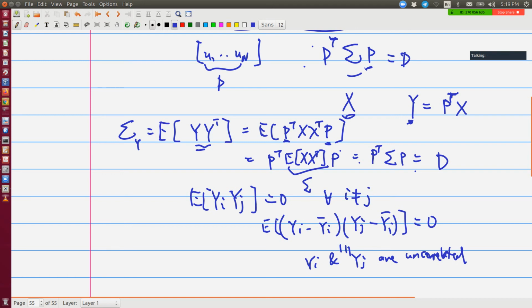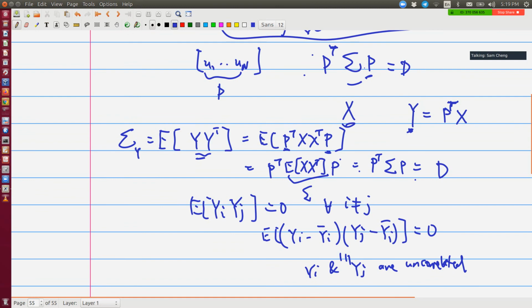I mean, where in here is your statement to prove that? Basically, x to start with has a covariance matrix. It doesn't necessarily have to be uncorrelated.